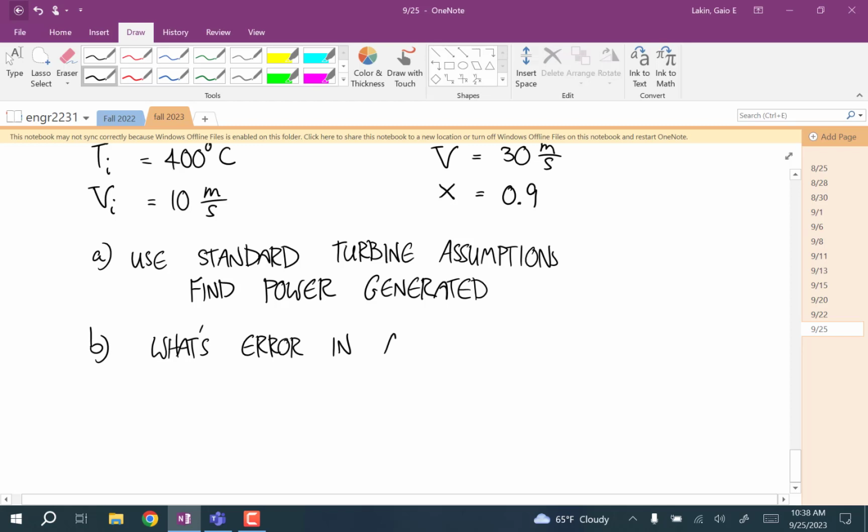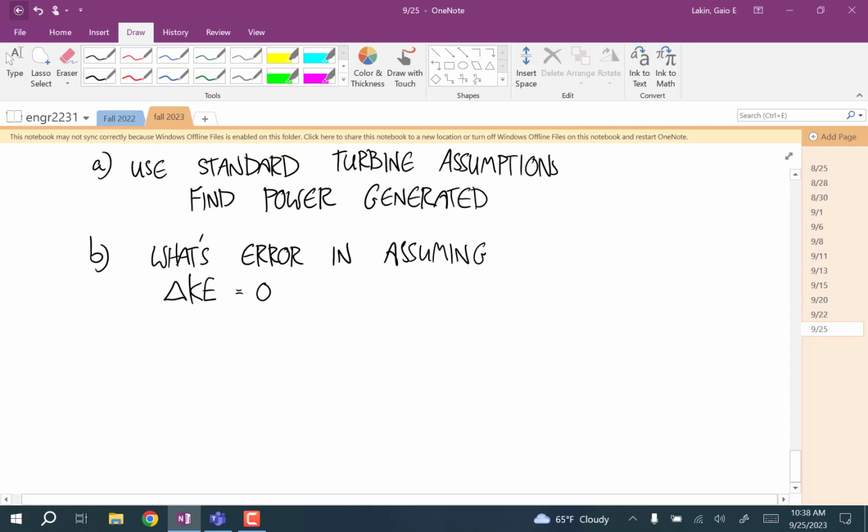So what's the error in assuming our change in kinetic energy is equal to 0? And then third, now we're going to remove the assumption that Q dot is equal to 0.